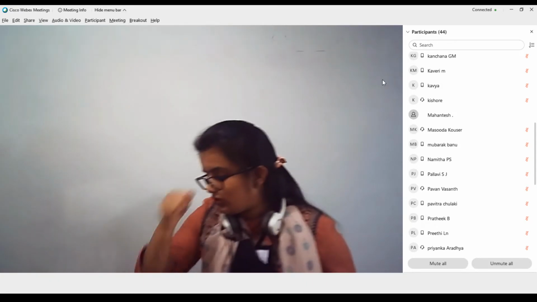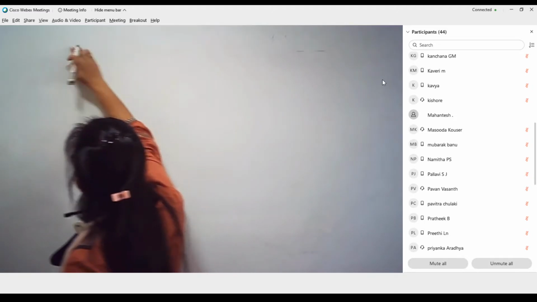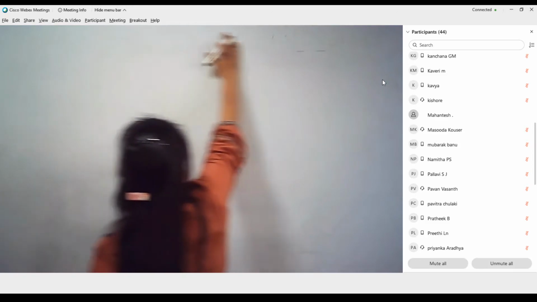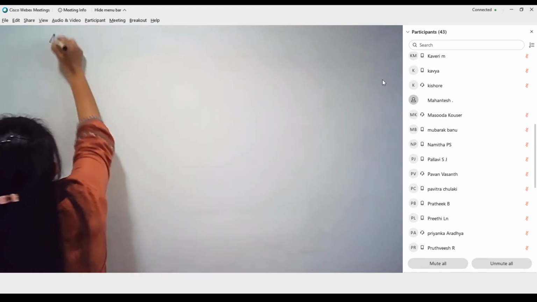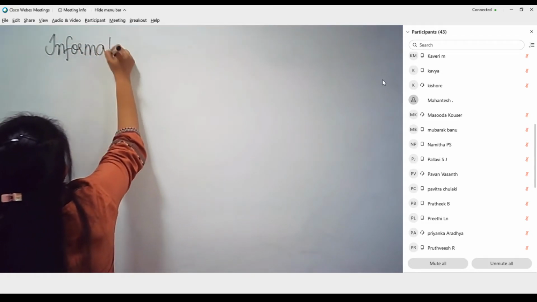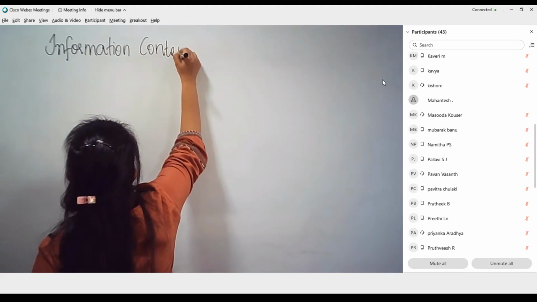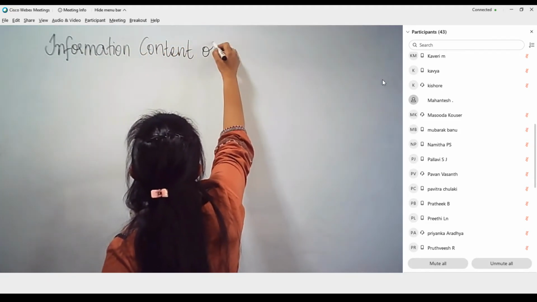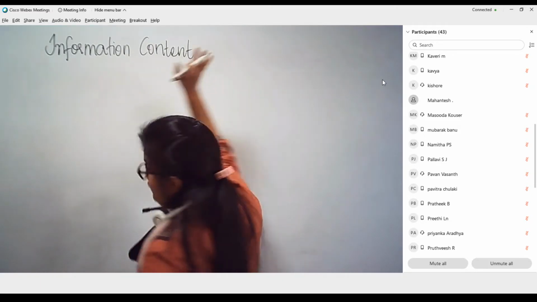Okay. I am considering a very typical source. I am going to start with a concept called information content of a digital source, or information content of an alphabet. What is this information content?